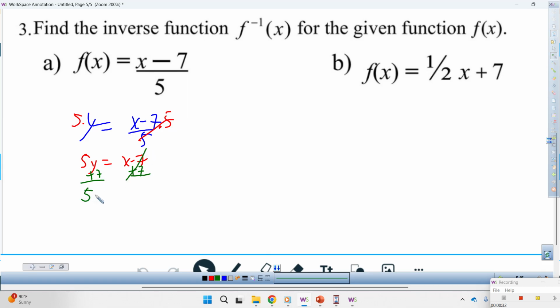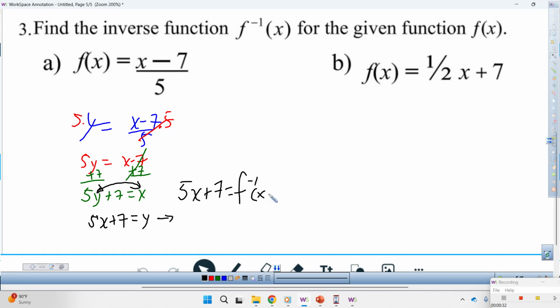We end up with 5y plus 7 equals x. Is that the inverse? No, we exchange or swap the variables. 5x plus 7 equals y, and then we write it in function notation. So the answer is 5x plus 7 equals f inverse of x.